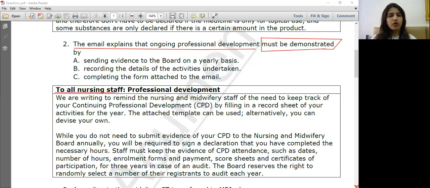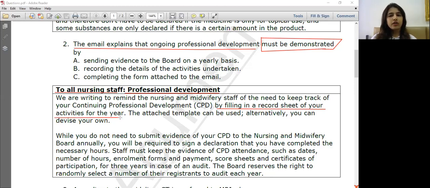It is mainly for all the nursing staff. It is related to professional development. And I would look mainly for expressions which would say it is compulsory, if they are talking about the only alternative for them to submit it. And then I would compare the paragraph with the answer choices. So here they have mentioned that it can be done by filling a record sheet of activities for the year.